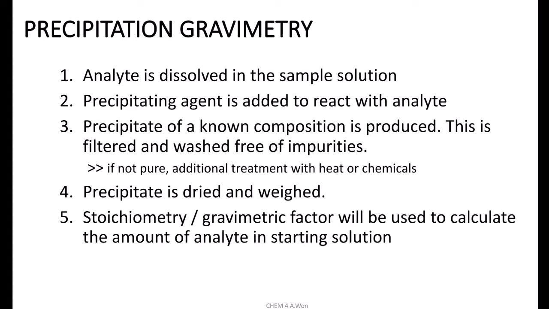In this step, there is a lot of potential loss of analyte kung hindi makollect lahat ng product. And again, if hindi maganda ang precipitate in terms of stability or the composition, then it can be treated with heat before it is weighed.